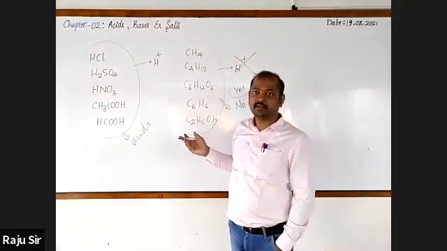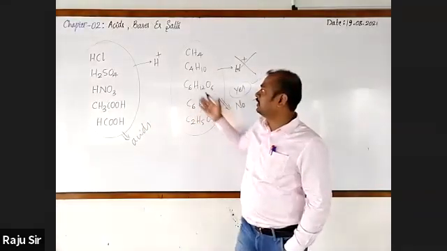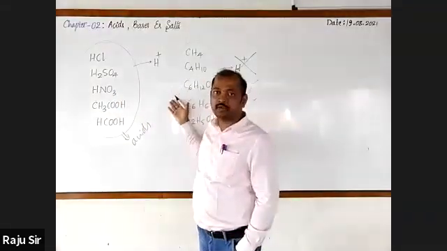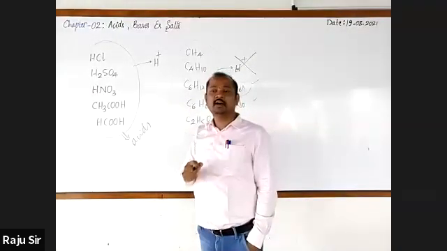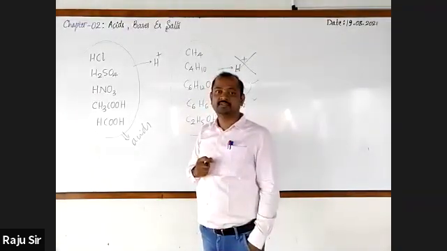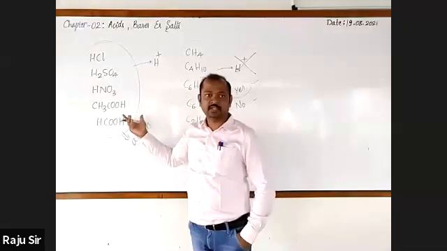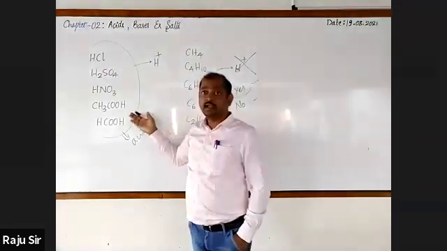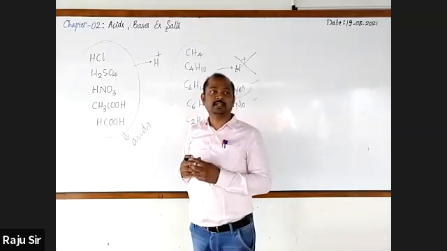So now we have to show that all the compounds containing hydrogen are not acids. How do you come to know? Yes, we have an important characteristic of an acid, that is, they can produce the ions which are responsible for conducting electricity.